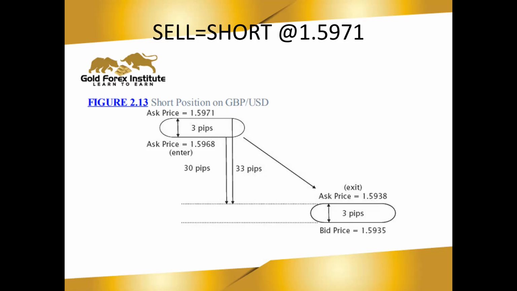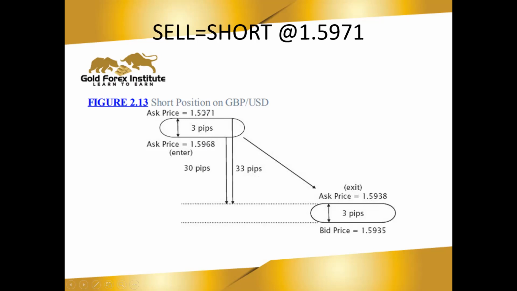So the person wants to make 30 pips, then the spread is 3 pips. So when you add this one to this, you'll get something like this.